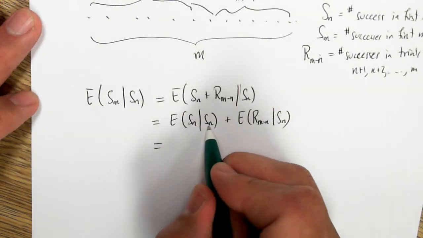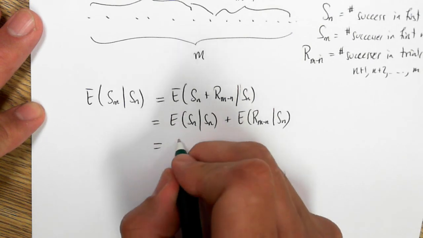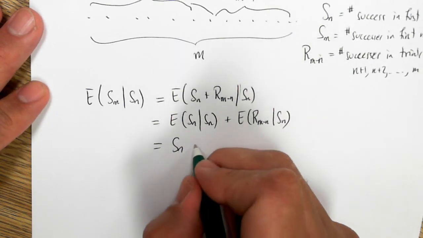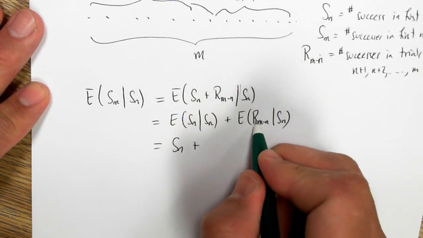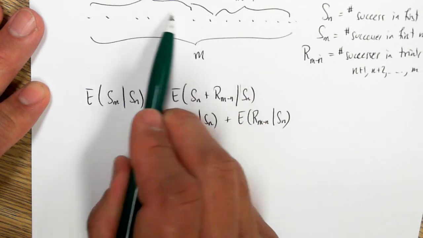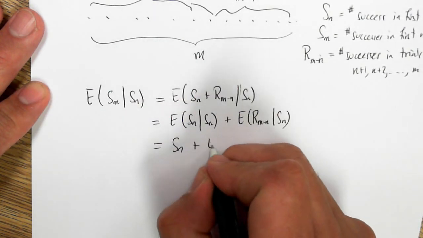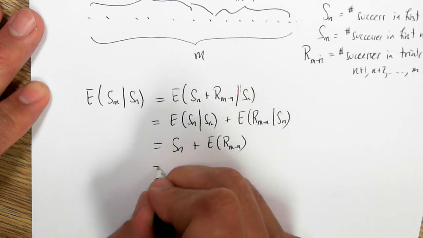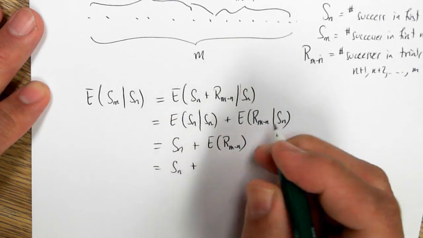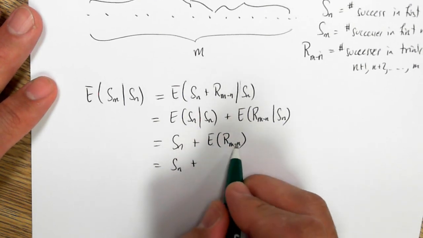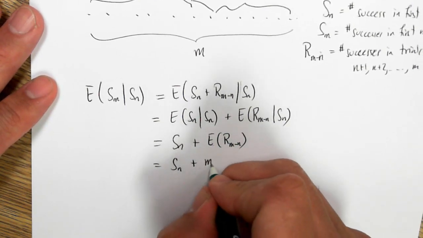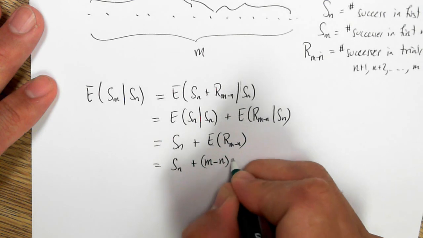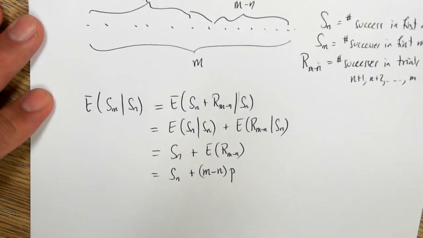This one's silly. If you know S sub n, then the expected value of S sub n is S sub n. For this one, the number of successes here is independent of the number of successes over here, so that'll just be the expected value of R sub m minus n. So finally, S sub n plus the expected value of this binomial random variable, which is the number of trials, m minus n, times the probability of success p.